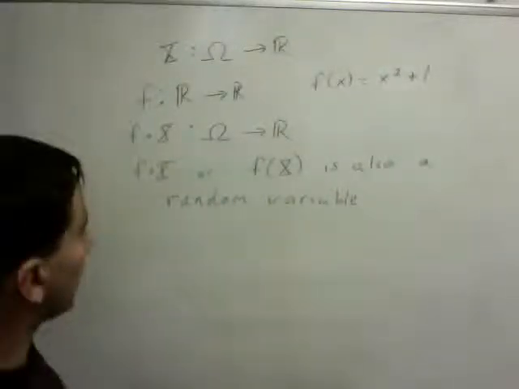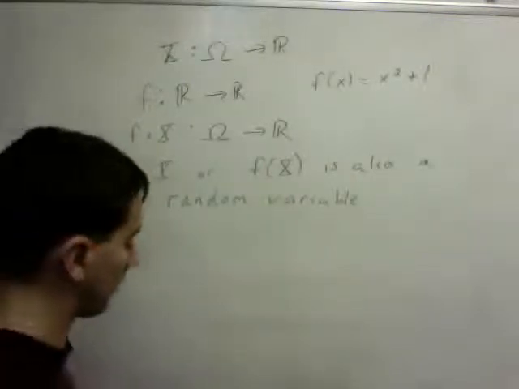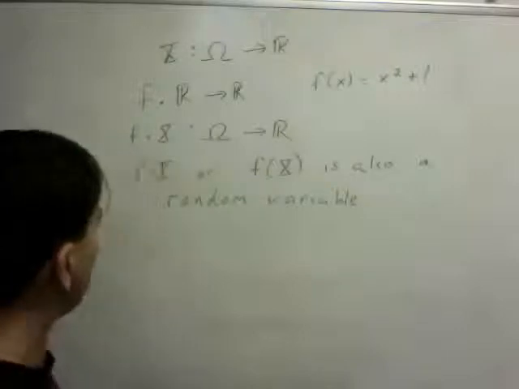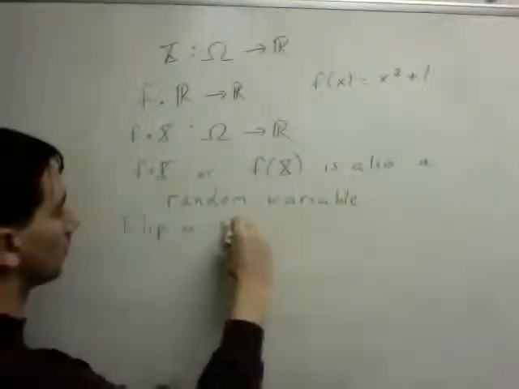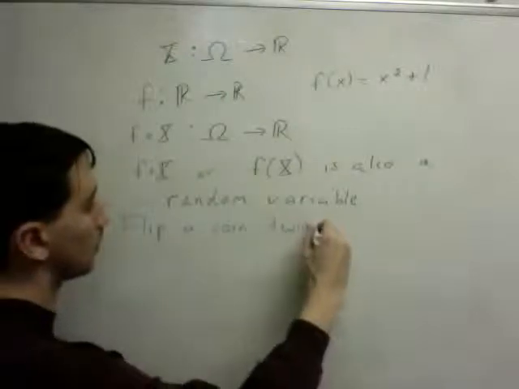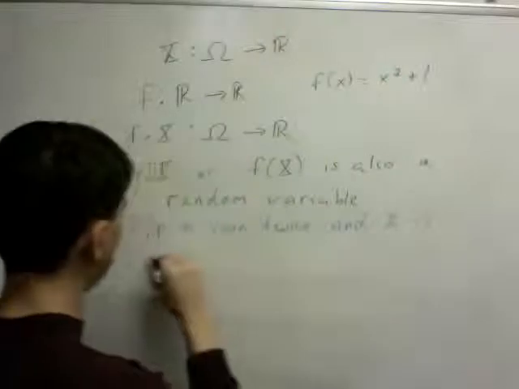So maybe we could refer back to a coin flip example, but let me do fewer flips so it's a little shorter to write. So say we flip a coin twice, and x is the number of heads.